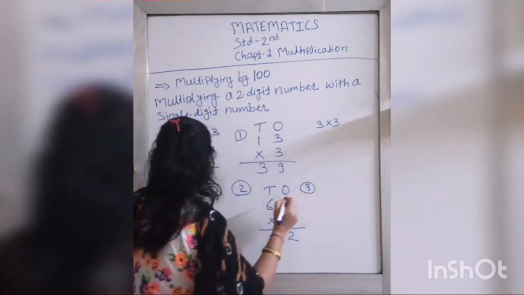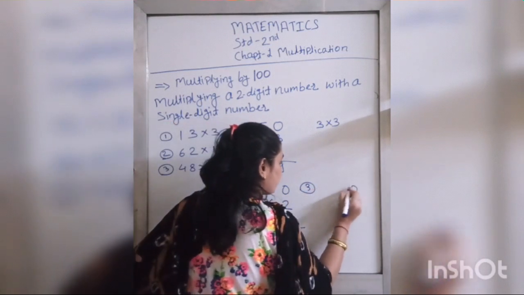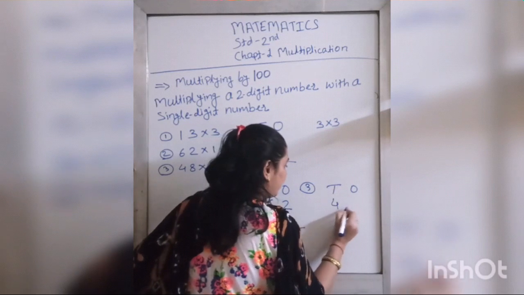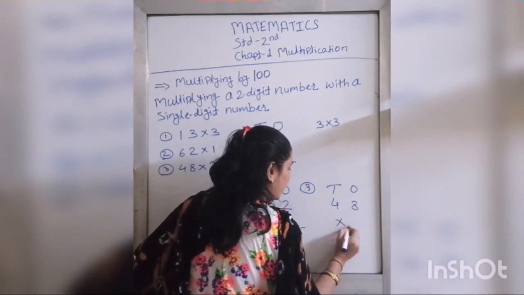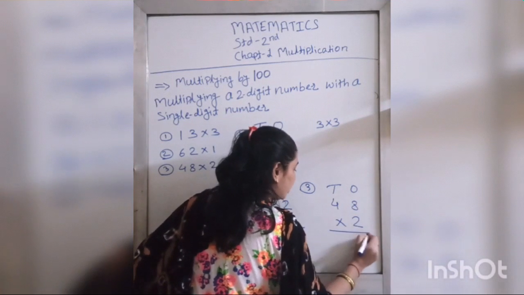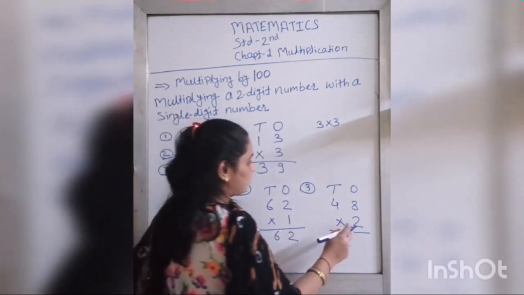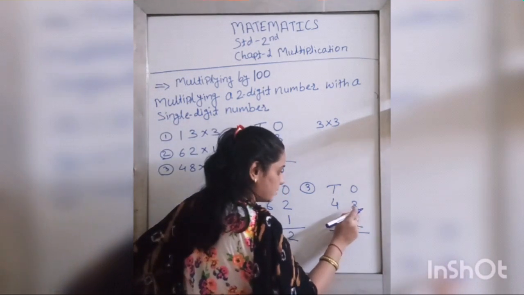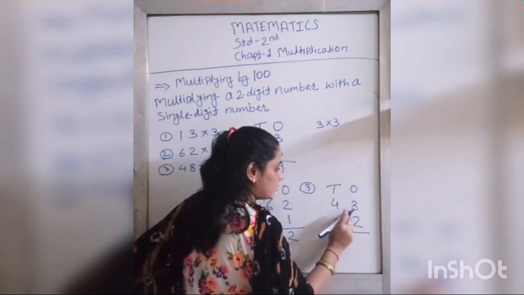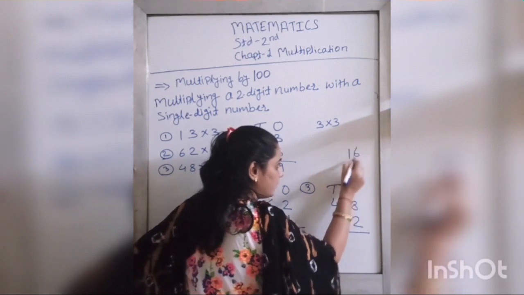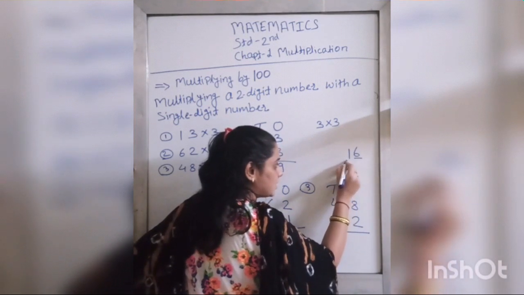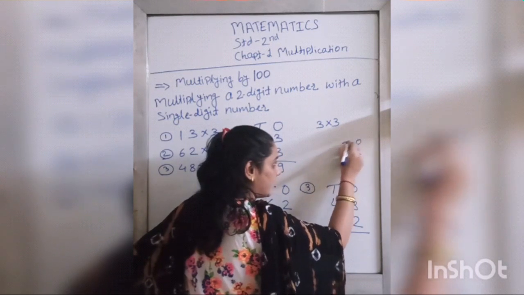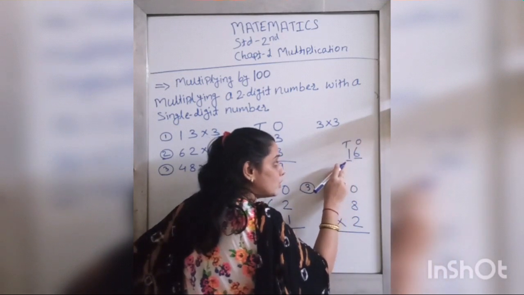Now see one more example. 48 multiply by 2. Start multiplication from the ones place. 2 8s are? What is 2 8s? 16. 6 on the ones place and 1 at the tens place. So what we will do here?